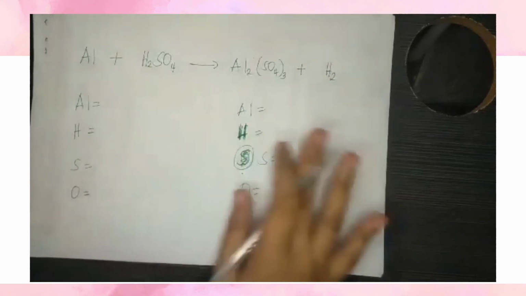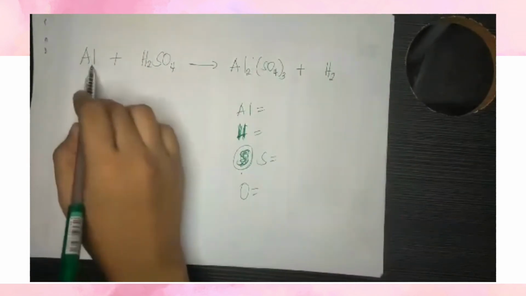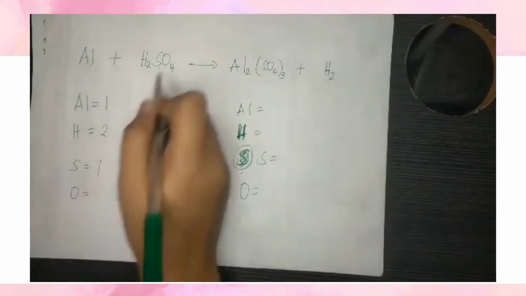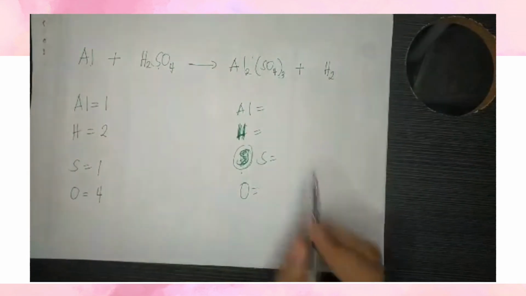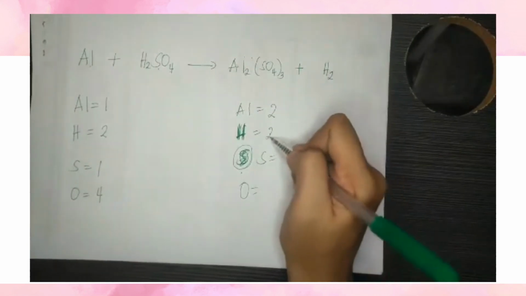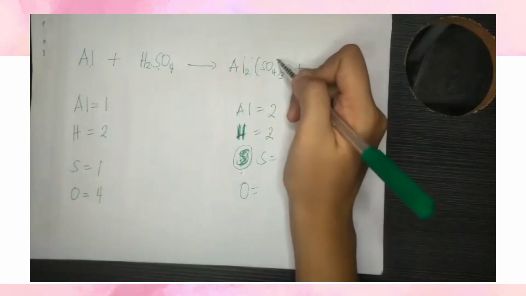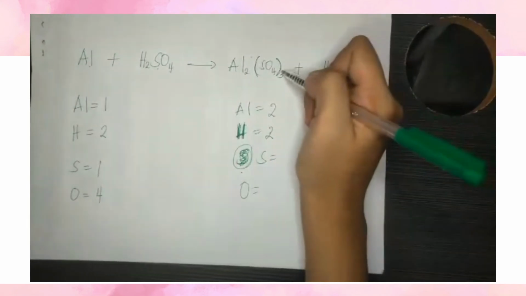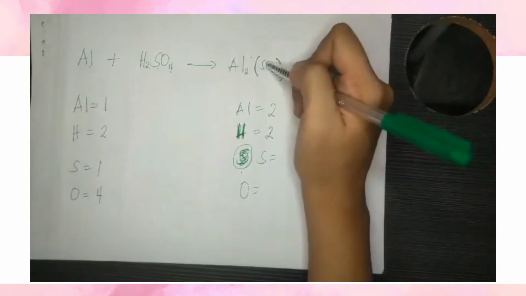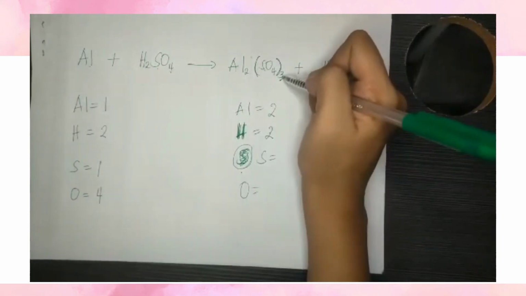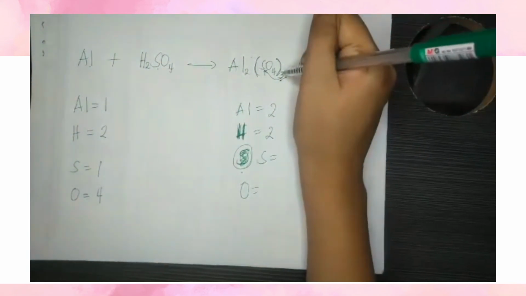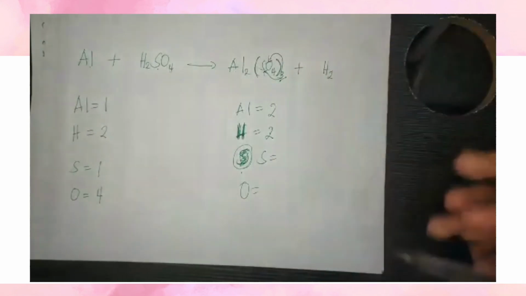For the reactants, we have 1 oxygen multiplied by 3.